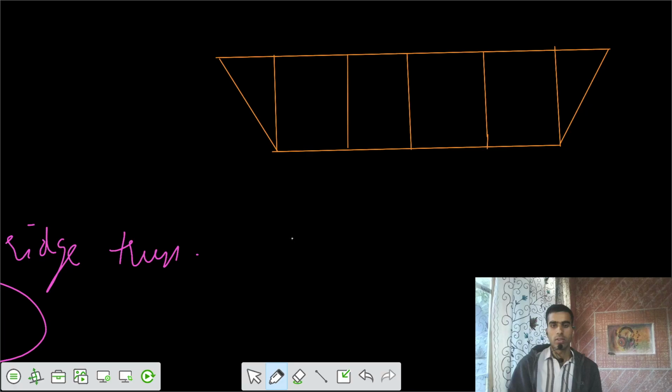Now this is our truss, and let's say there are some support A, and here we have one more support B, and we have diagonal members also, in the form of reverse N. Let's say this one.